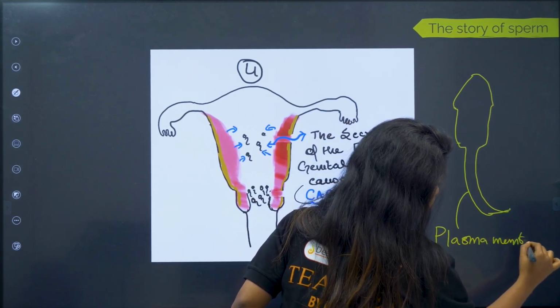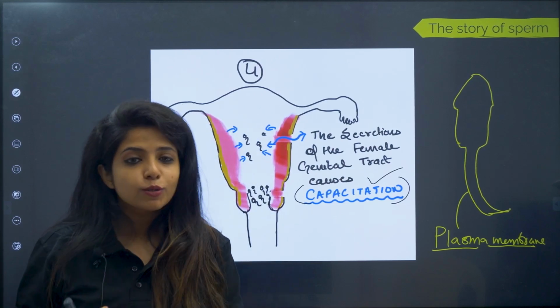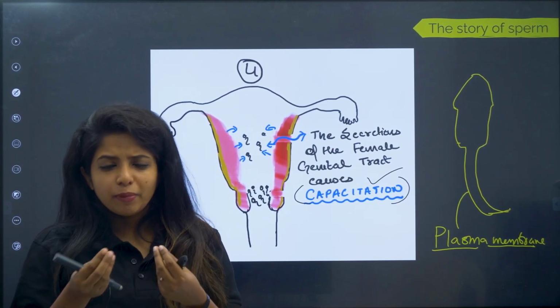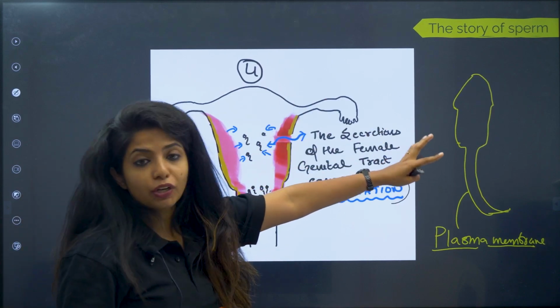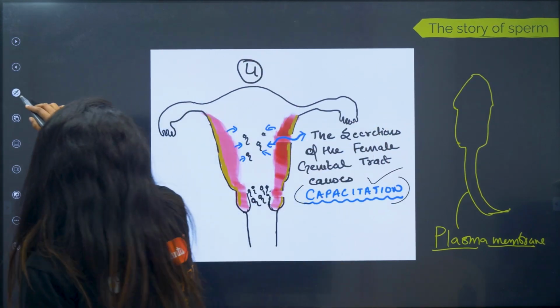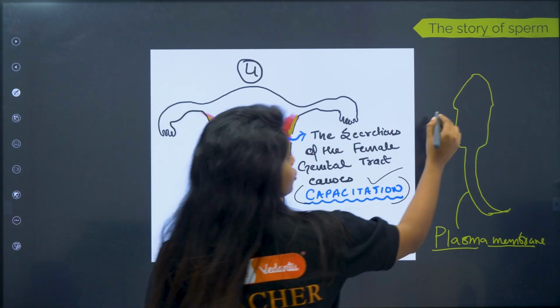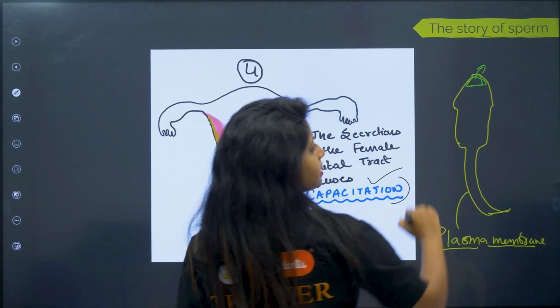So if the plasma membrane is made weak by removal of certain proteins or by certain biochemical changes, then when this sperm reaches the egg, it will be very easy for the acrosome, which is at the top, to release its enzymes.